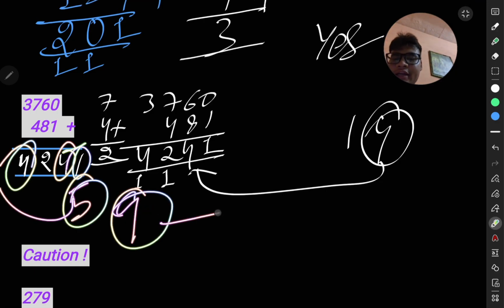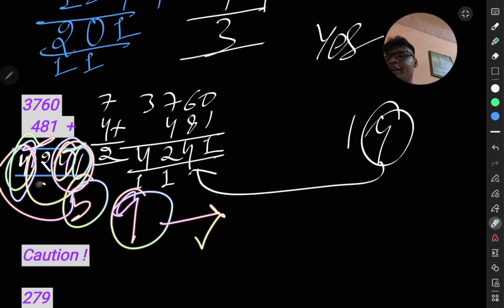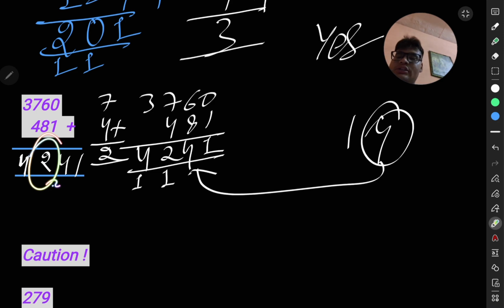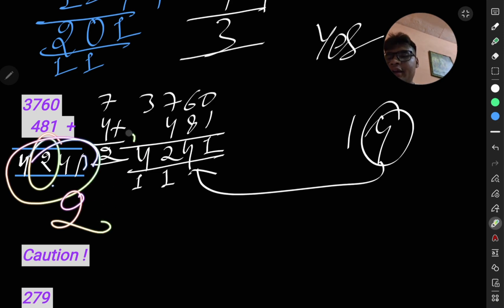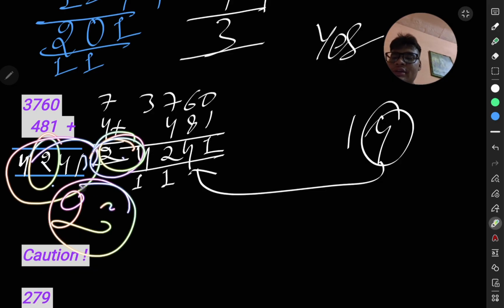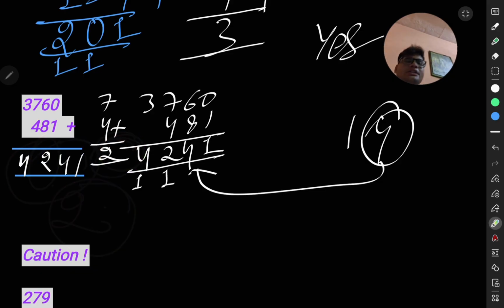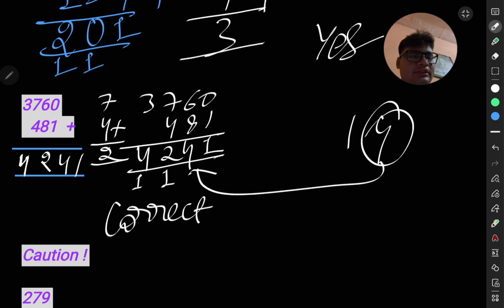So these make 9, and we have to cast out these figures also. The only remaining number here is 2. So the digit sum of this number will be 2, and by adding the digit sums we also get 2. So our answer is correct.